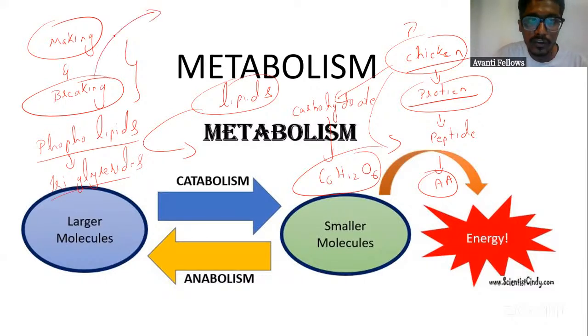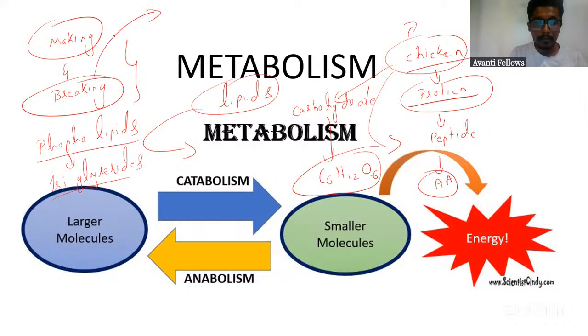The breaking process becomes a very, very important, or the starting, process for most of the animal kingdom. Correct? We are all animals. We are not photosynthetic. We are all depending on energy from plants or animal sources. So when we are depending on somebody, our first important process becomes what?